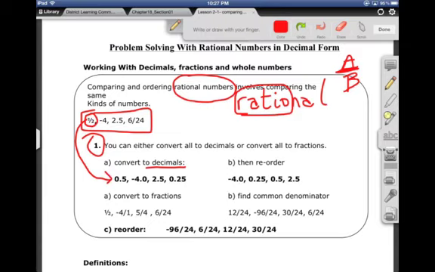So if you take 1 and divide it by 2, you get 0.5. Now when you go to compare these numbers, they're not in order, but what you've got is a half, -4, 2.5, and 0.25, which is the same thing as a quarter.